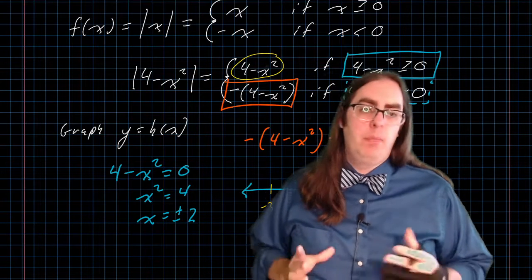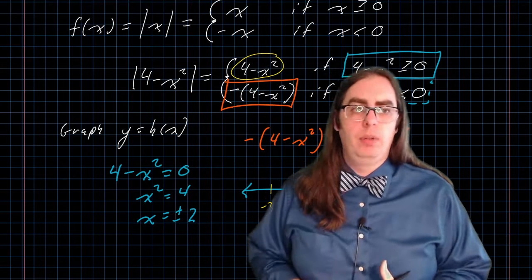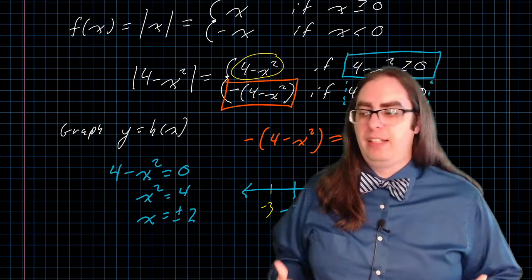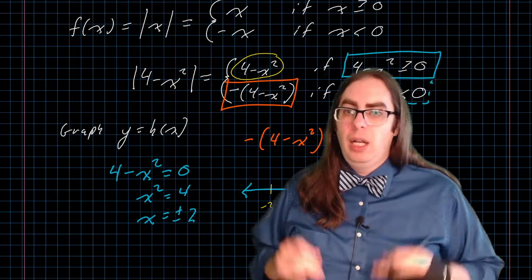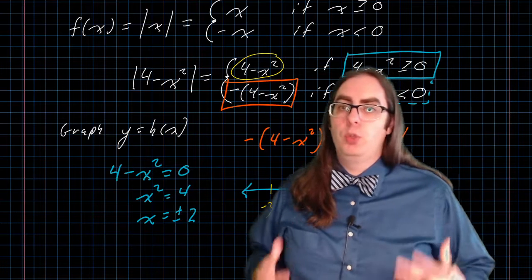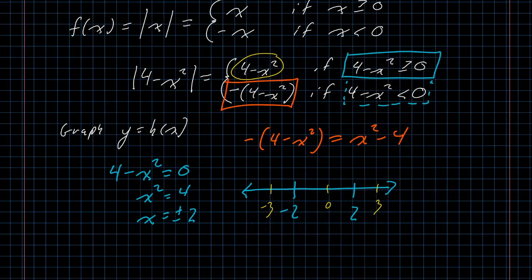So we have marked the places where this equation is equal to 0, and if we test any one point in the regions that that divides the number line into, which are directly behind me right now, the truth at any one point will be the truth for the entire region. So that's why we pick -3.